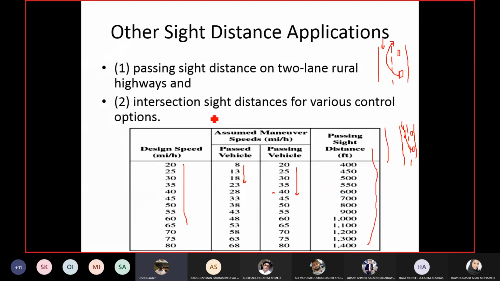Then we have special cases when you are providing intersections at distance, because in terms of intersection, you have to make sure the driver can see the control device as well, the signal, the stop sign, the roundabout, whatever control device you're using. And that control device may not be directly in front of the driver. It may be on the side of the road. So intersection side distances may or may not be equal to normal stopping distance.